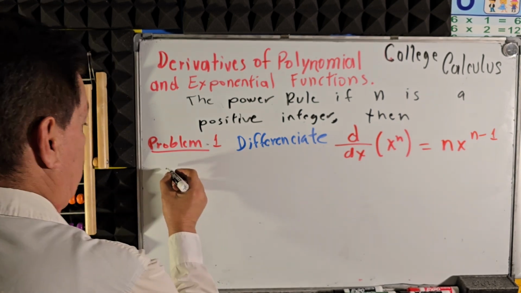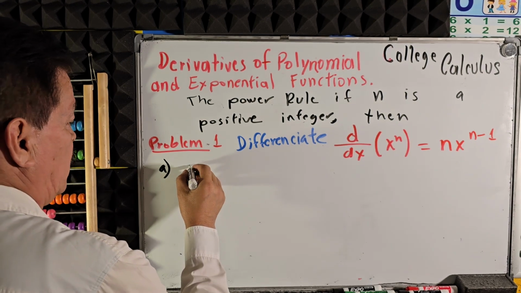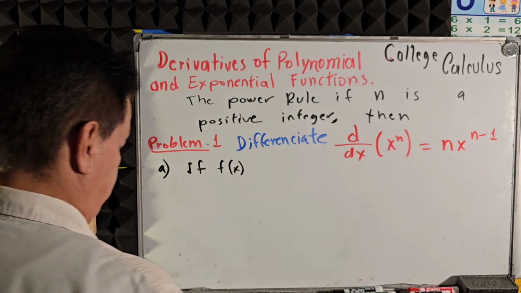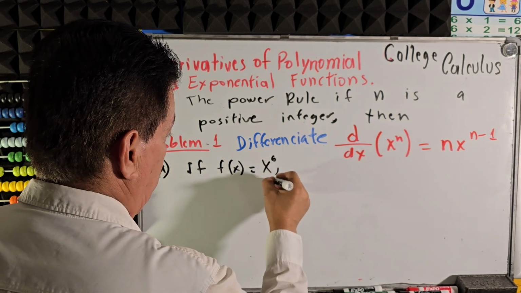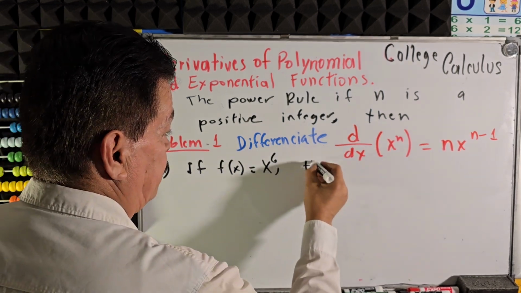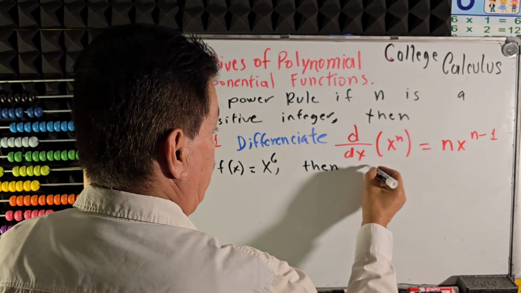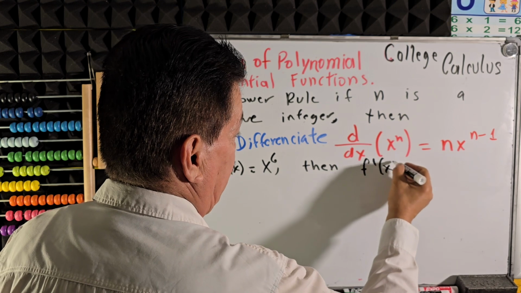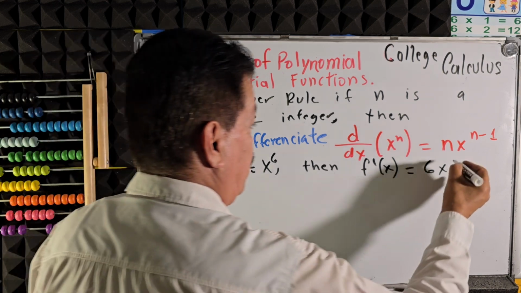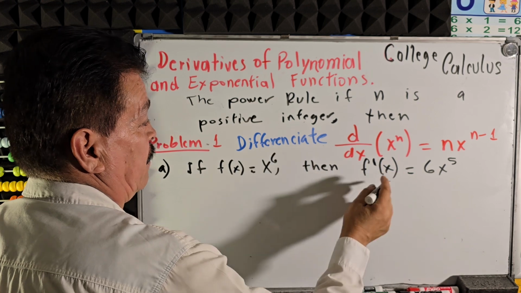If for instance we have f of x equals x to the 6th power, then the differentiated, I just write a comma right here, f prime of x will be 6x to the 5th power. See, we have it here. This comma means that it is differentiated.